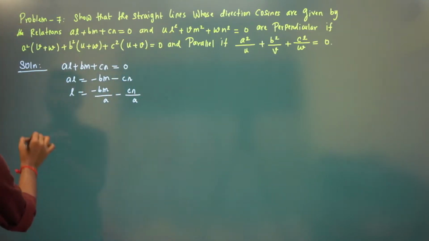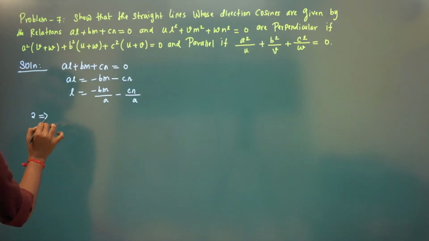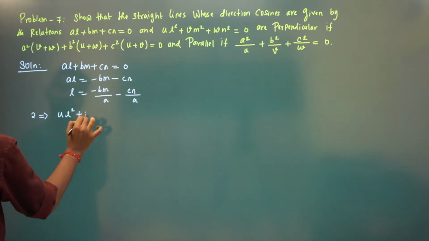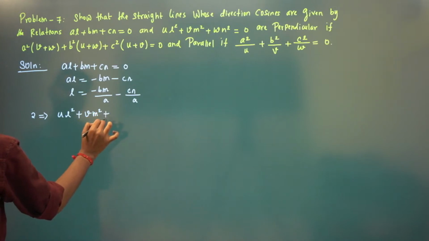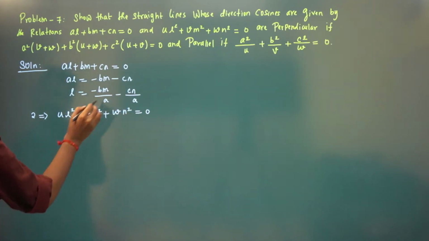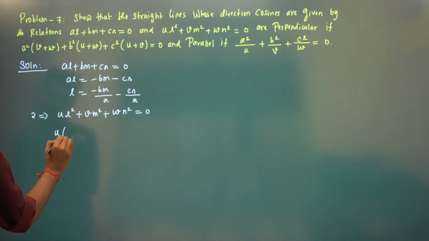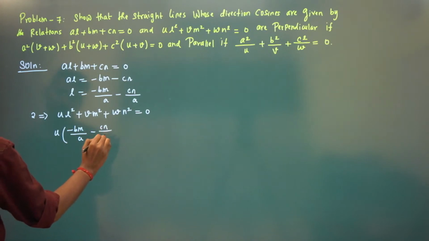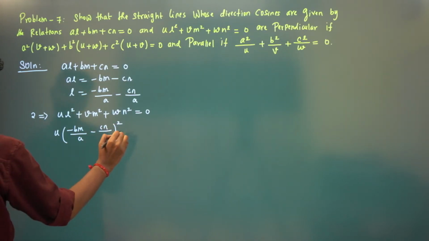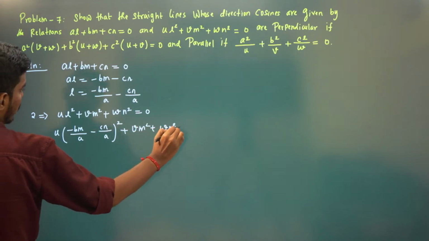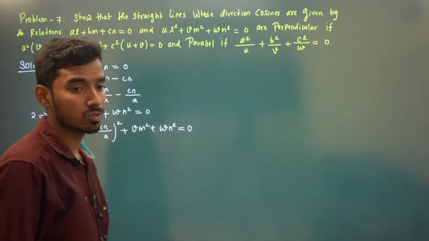So from 2 we have U times L square plus V times M square plus W times N square is equal to 0.